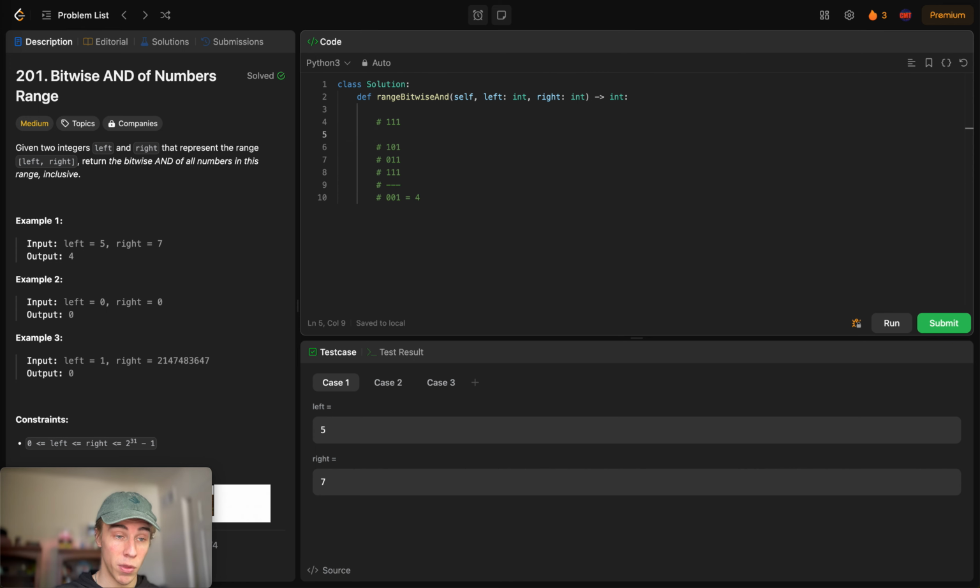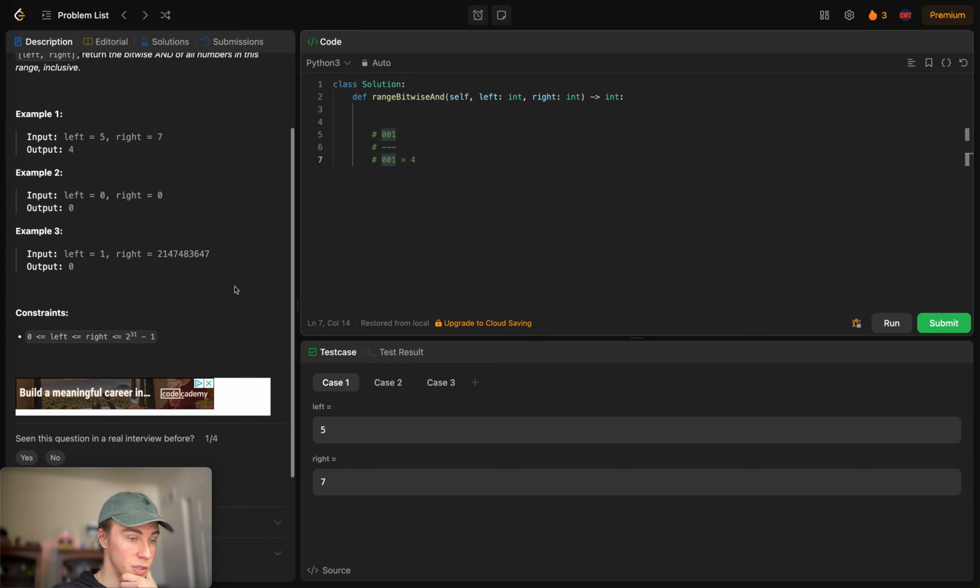So if we start from the first step, if we were to do an AND on this initial number and the 5 that's given to us, we would just have this number. If we were to AND this number, we would get 0, 0. And finally, if we were to AND it again with this, we would get our desired number, which is 4.